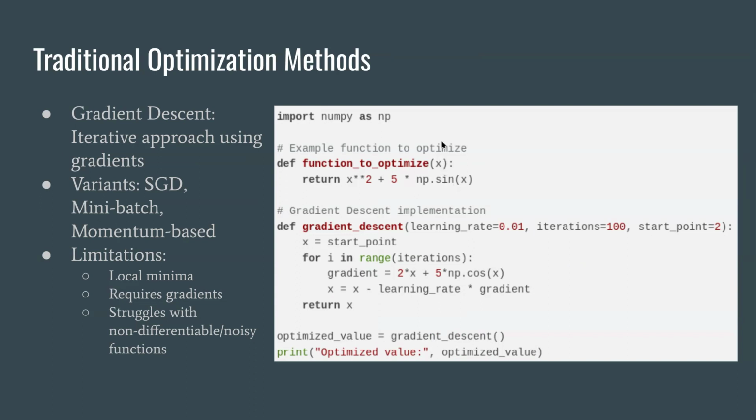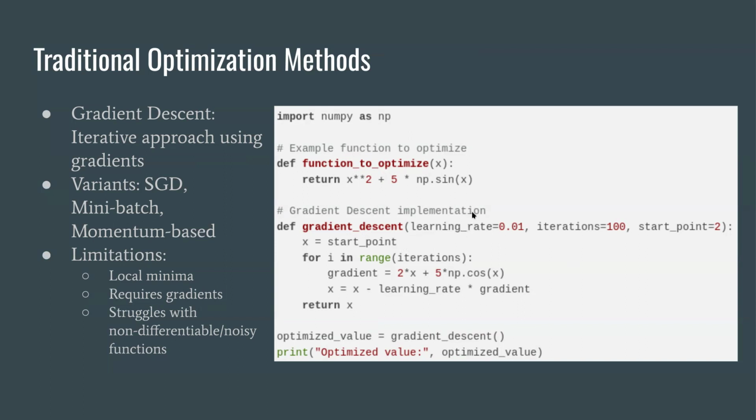So we're covering more on traditional optimization methods, such as gradient descent, in a different lecture, but just to give you an overview, we have a function to optimize. So this is the function that we aim to optimize. And we have this simple gradient descent implementation that iteratively updates the solution.